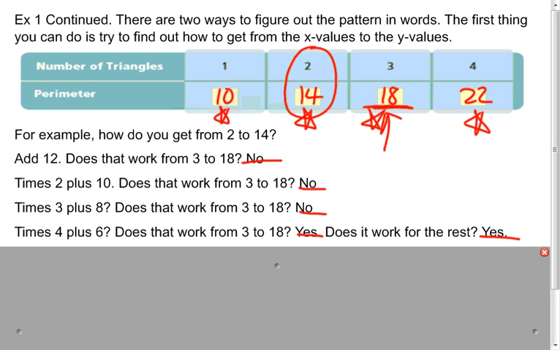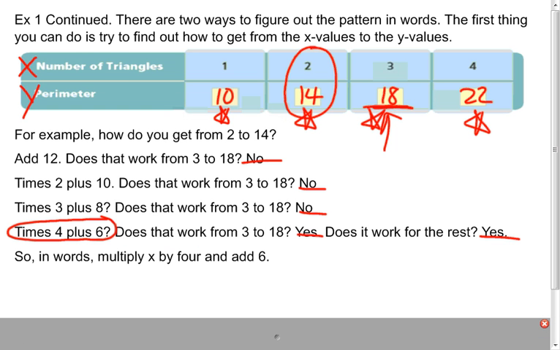So what I'm going to do is take the number that I started with, my x values, multiply it by 4, and then add 6. Remember, we're trying to describe this pattern in words: multiply x by 4 and add 6.